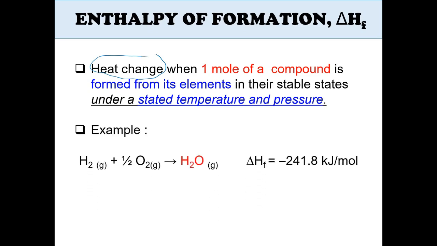Example, H2 gas plus half O2 gas produces H2O gas. Delta HF equals negative 241.8 kJ per mole. The compound referred to is H2O, from its elements H2 and O2. Make sure the compound is 1 mole.